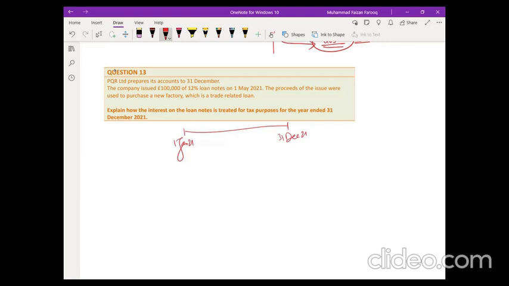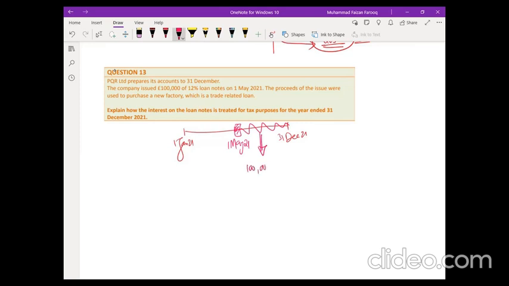I think it's a very piece of cake question. You can see which date they issued the loan. On 1st May. How many months to the year end? Because companies are not following the tax year, companies are following the year end, right? Remember video 1 and video 2 of corporation tax.